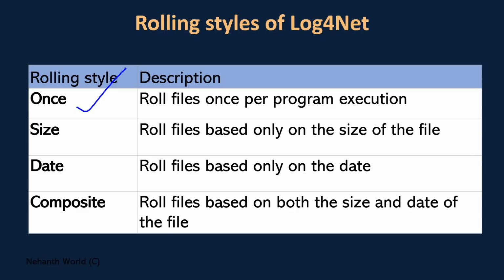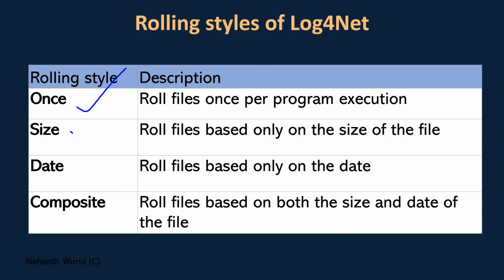When your application is restarting, the log file overwrites the existing log, meaning it will completely create a new log file on top of the old one. So rolling style once is nothing but it will log once per execution.